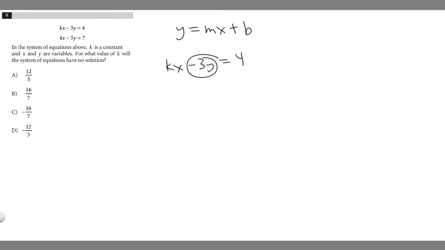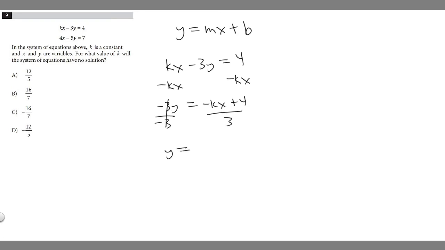And so in order to do that, we can subtract kx from this side. So we have minus 3y is equal to minus kx plus 4. And then in order to get y by itself, we can divide both sides by minus 3. And so we're going to get y equals, and then we're just going to divide each term by it instead of having one big thing.